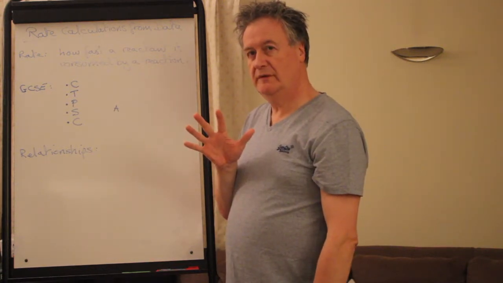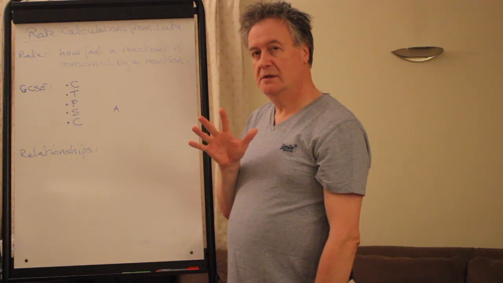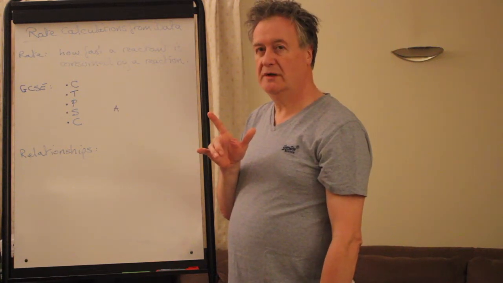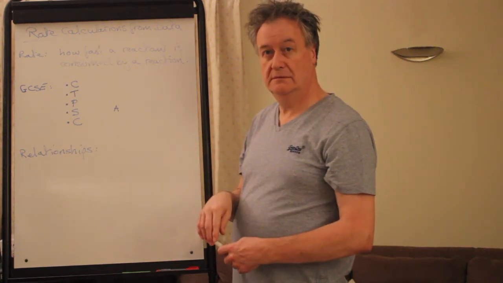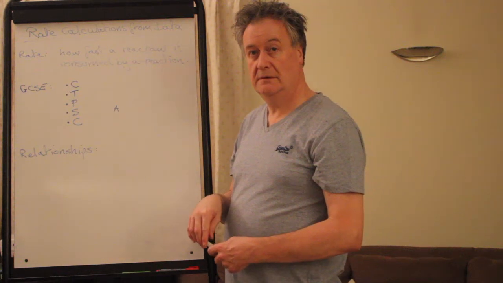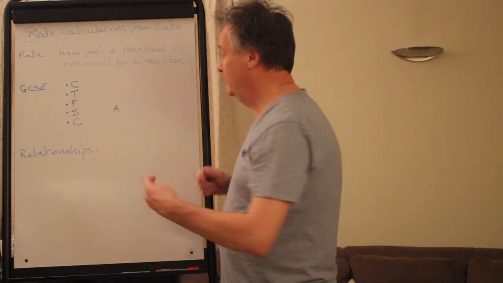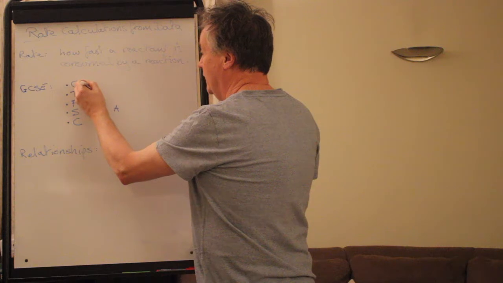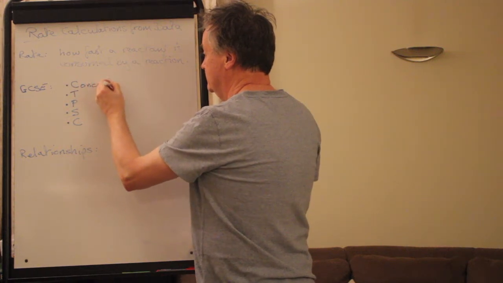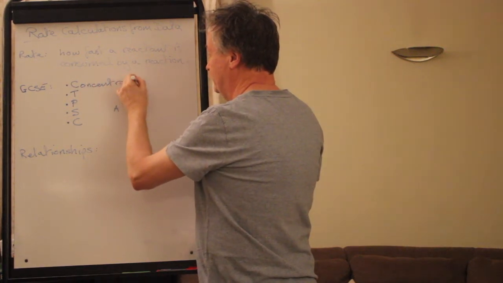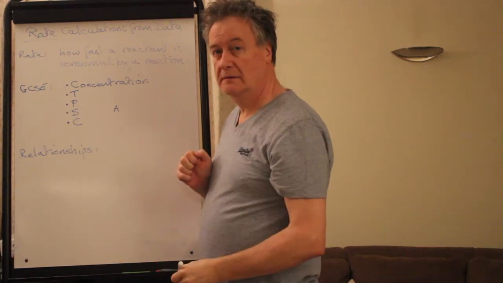there are 5 variables. Can you think what they are? Hopefully you can. You've got them. I'm hoping you have. The classic.